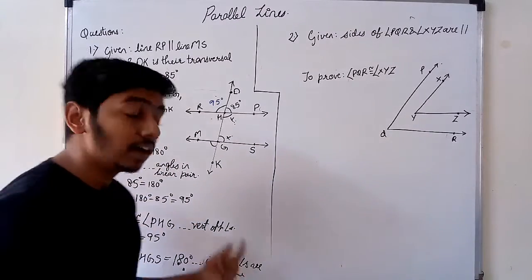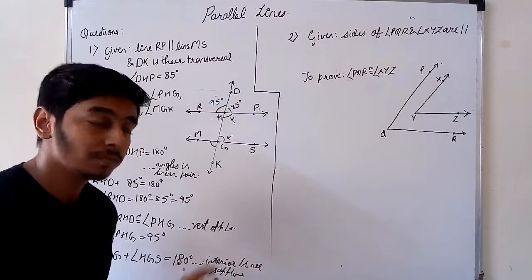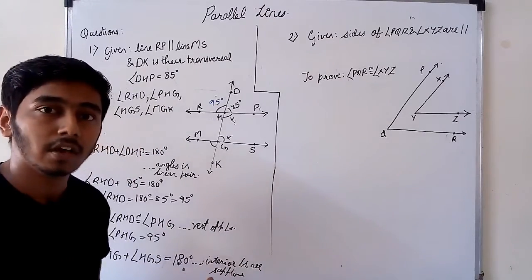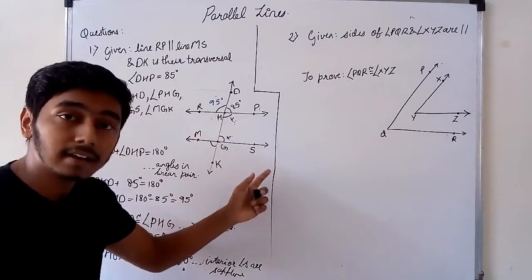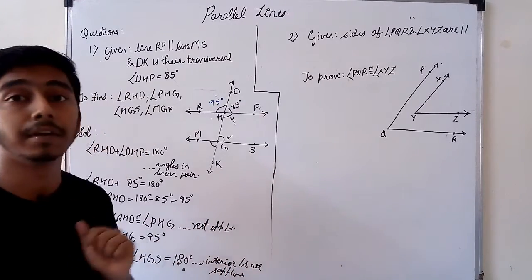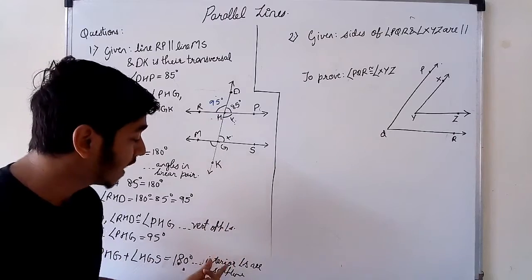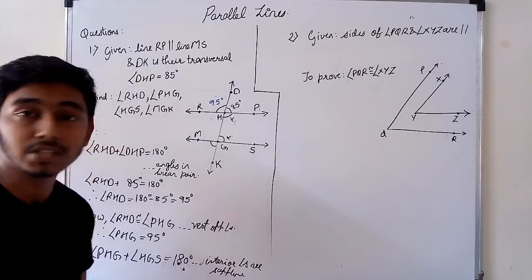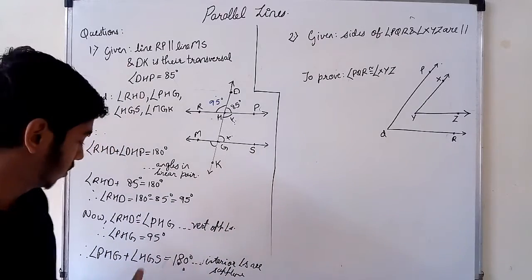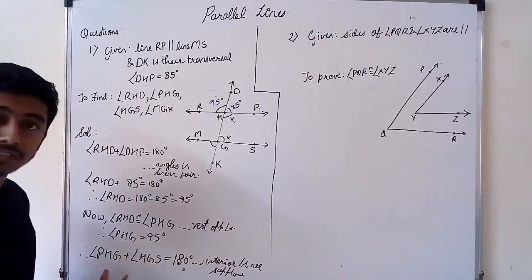See, you can write the heading of the theorem, or you can write the statement of the theorem itself, which says that if two lines are parallel, then the sum of the interior angles is supplementary. So you can write that, or you can directly say interior angles are supplementary in short, or you can say interior angles theorem. Okay, so that can be the reason for this.